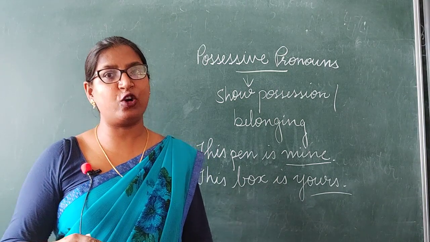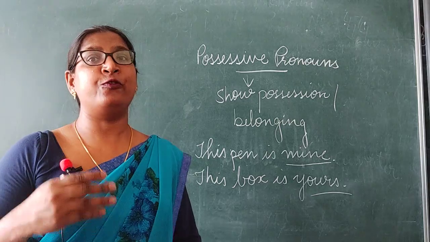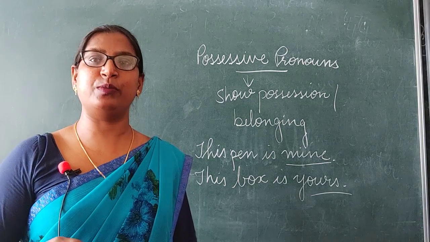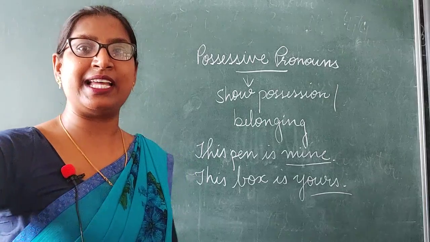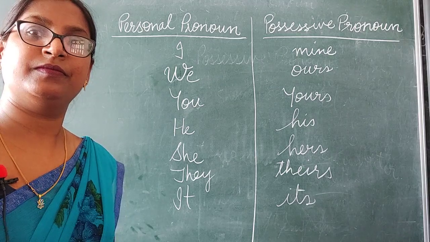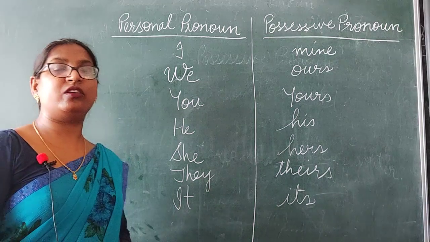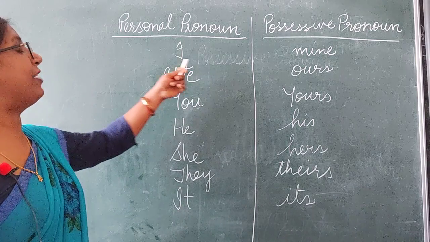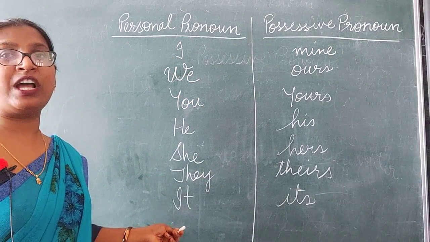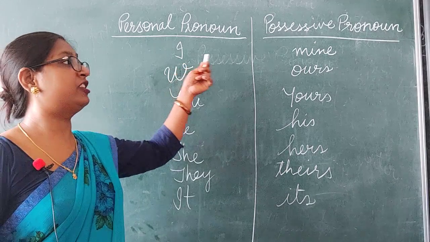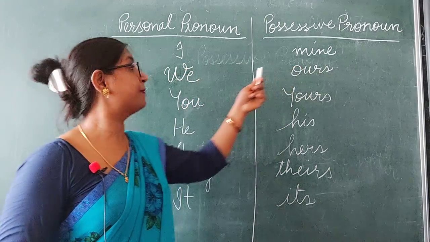Now, possessive forms are framed from the personal pronouns. The table will help you to understand. You can see here on the board how we have framed the possessive forms from the personal pronouns. For I, the possessive form is mine.